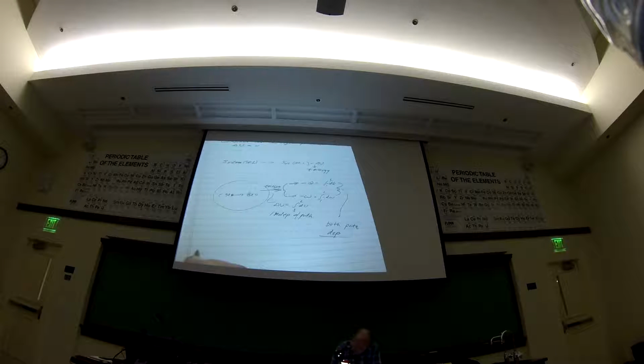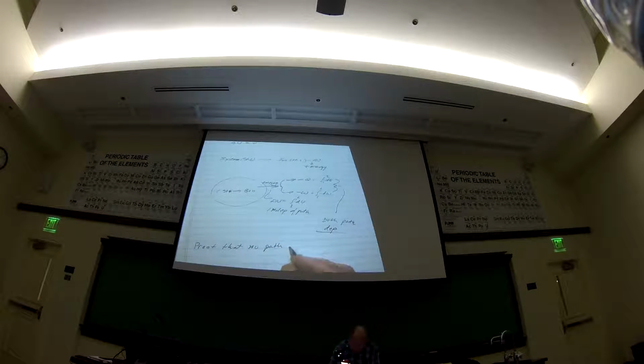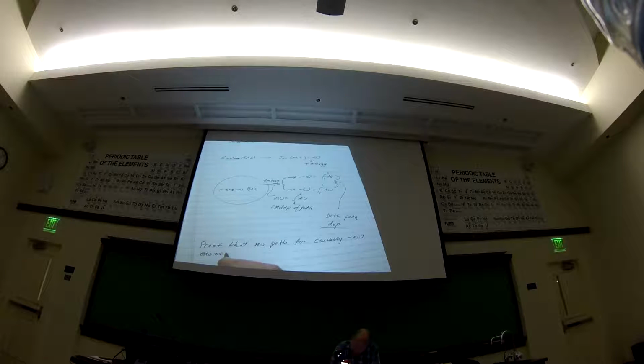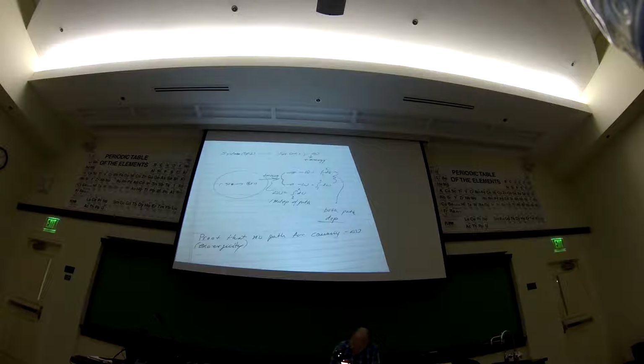Now what we're going to do is try to prove that no path for causing this minus delta U in this exoergicity can follow a work flow, that is, here's the work, these potential useful surroundings, rather than heat flow.